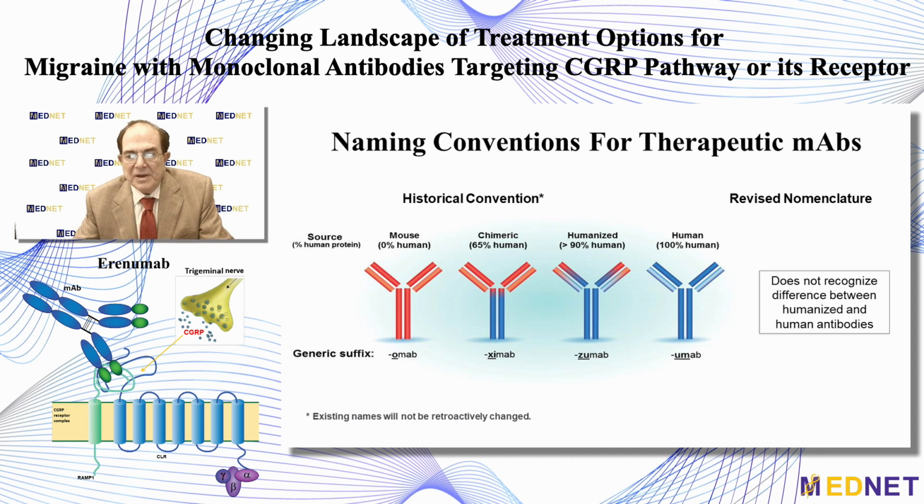The way I remember that is ZU for zoo, they contain non-human protein, and the 100% human protein antibodies are called UMAB. The people who make the nomenclature now do not recognize the difference between humanized and human antibodies, and they're not using ZUMAB or UMAB on the new antibodies, but the ones that already have the name won't be changed.